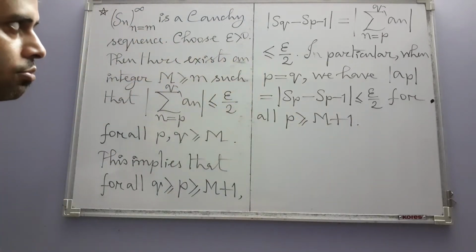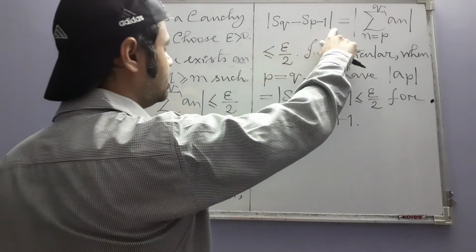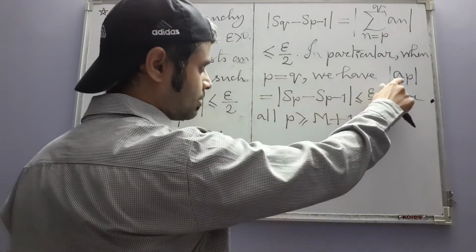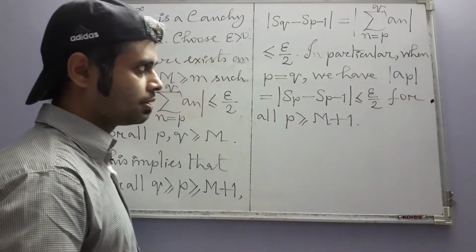Okay, so we have got two things. One of them is this difference being less than or equal to epsilon by 2, and the other one is this thing being less than or equal to epsilon by 2.